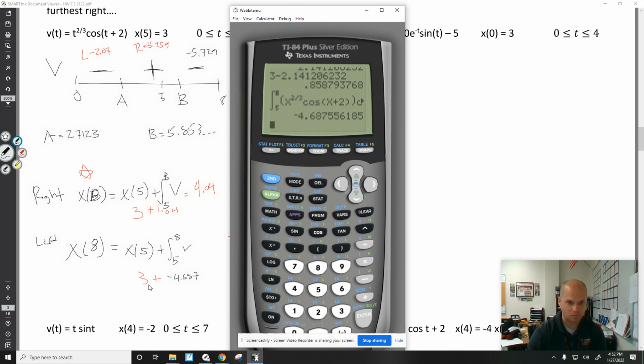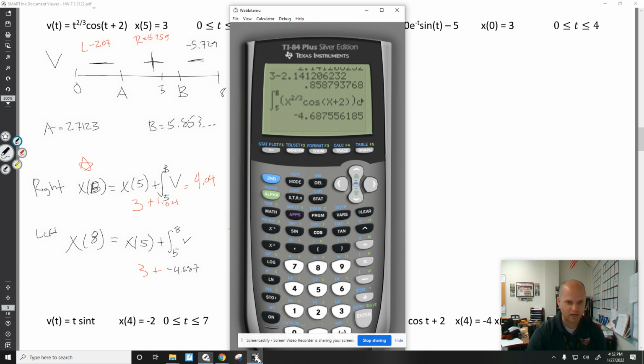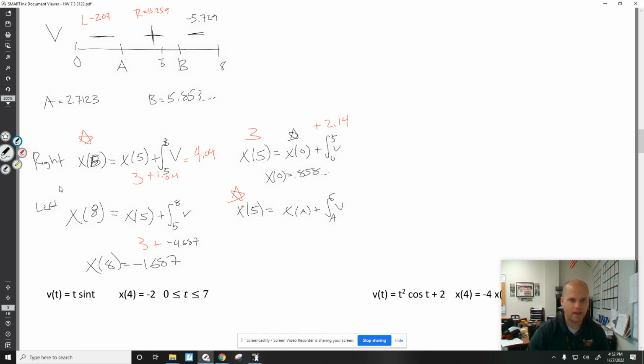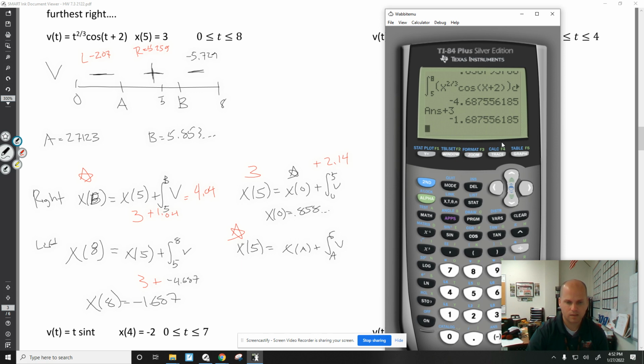Obviously, I was subtracting just a little bit before, but I'm subtracting a big number here, and that gives me a negative position at time 8. And then at time 5 is what I'm trying to find, or time A. I know what time 5 is. I want to find time A. 2.713. So I want A to 5.